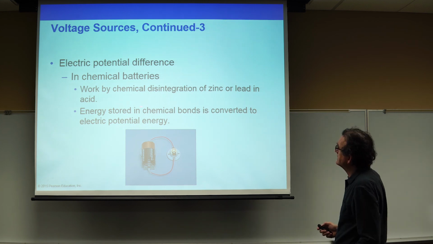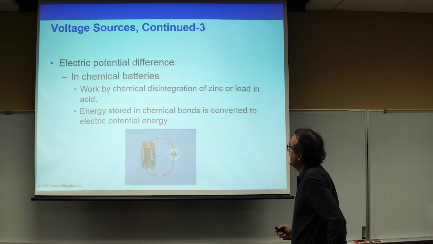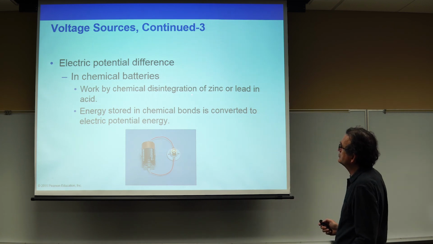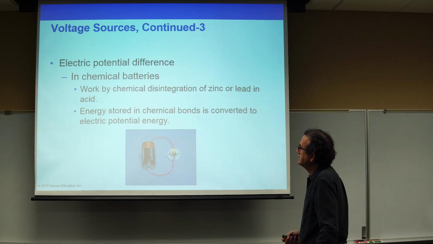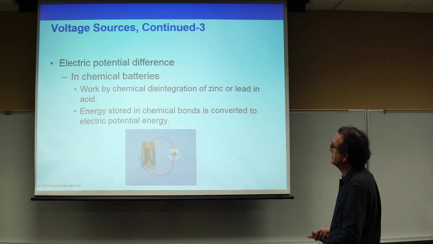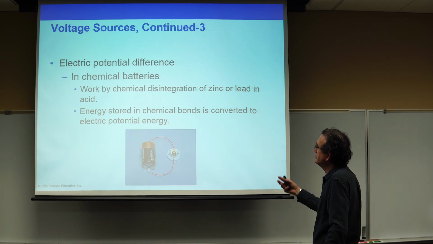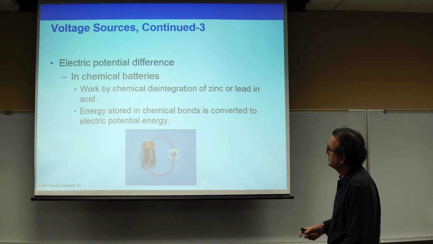Chemical batteries, the work is done by what we call a chemical disintegration of zinc or lead in acid, and this chemical reaction is what is used to separate positive and negative ions within the battery itself. The negative ions going to the negative terminal, the positive ions going to the positive terminal.